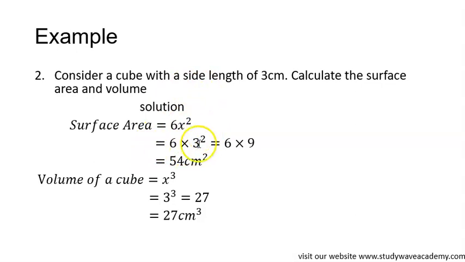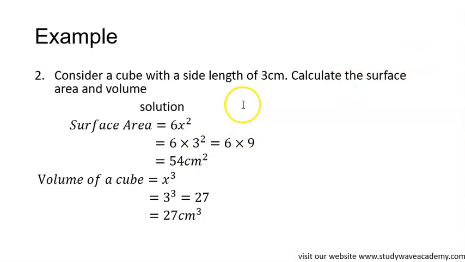Do you understand? So this is 3 times 3, not 3 times 2, okay? 3 times 3 gives us 9. So we have 6 times 9, and 6 times 9 gives us 54. So we have 54 centimeters squared. The surface area of the cube with side length 3 centimeters is 54 centimeters squared.